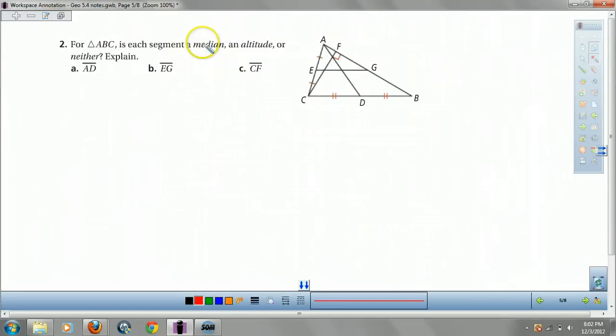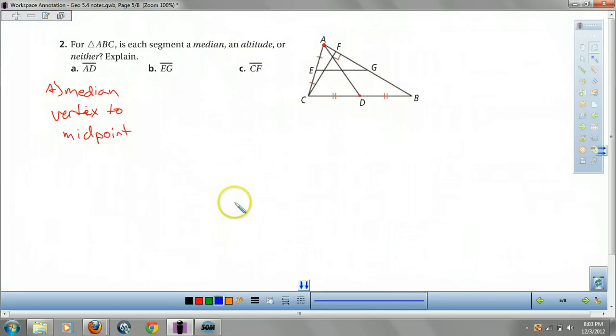Okay, in triangle ABC, name if it's a median, altitude, or neither. First, let's look at AD. Well, AD starts at a vertex, and D is halfway between C and B. So that would be a median. Why? Because it goes from vertex to midpoint of the opposite side.